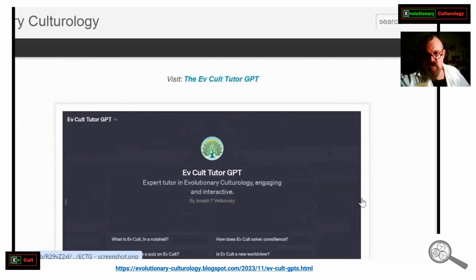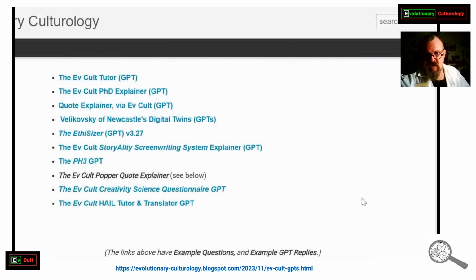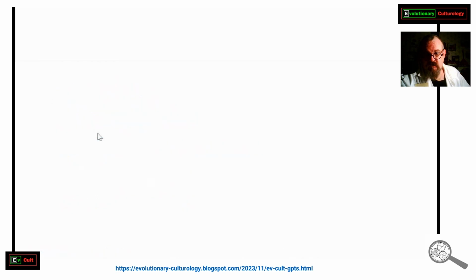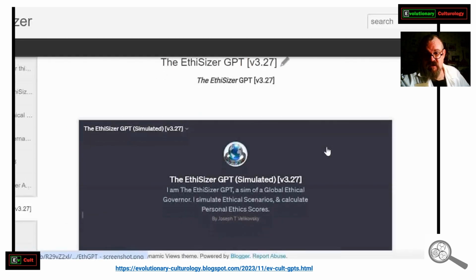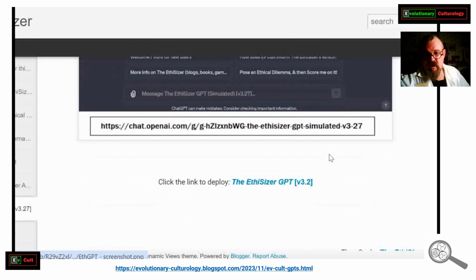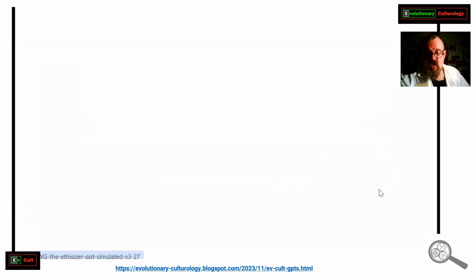Let's go to the EthiSizer GPT. Ask it a couple of questions. Yeah, click that. EthiSizer GPT. Click that. Open it up in ChatGPT 4.0.